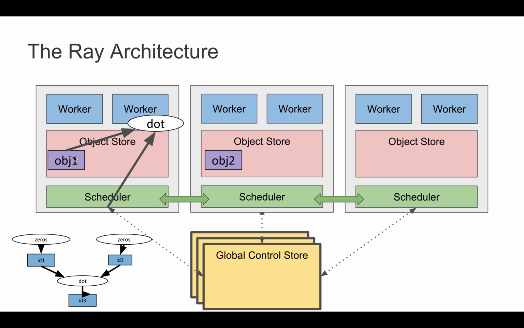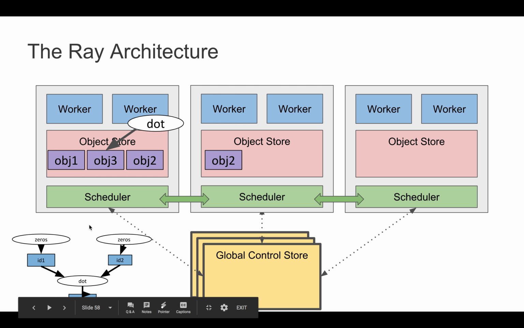So object 1 is given to the dot task to execute, and object 2 is transferred to this machine where it's needed, and then given to the worker. So the worker now has all the inputs it needs to execute the dot function. And then once the dot function finishes, it stores its output in the object store. So that's the full procedure for what happens when we want to actually execute this program.